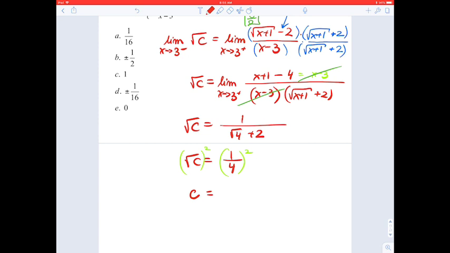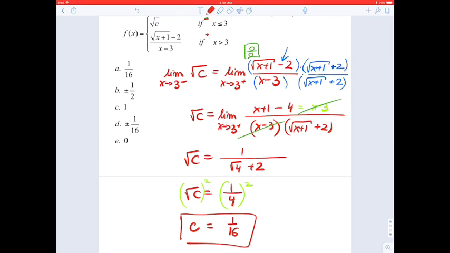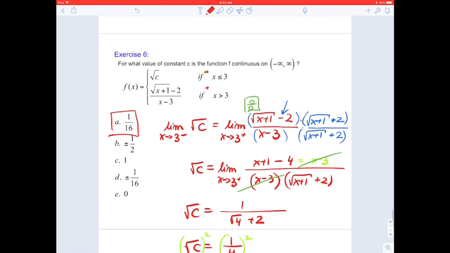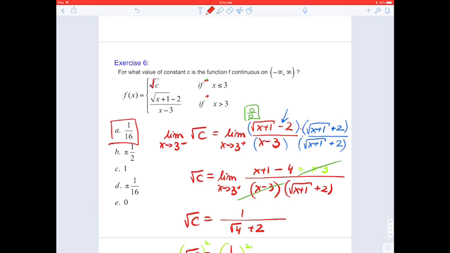And squaring 1/4 is 1 over 16. Not plus or minus, because I didn't take the square root. Okay, that means 1 over 16 is the final answer. And we can even notice, because c is under the square root, that we can't really have negative numbers. Right? We have to have a positive number if we want the real solution.